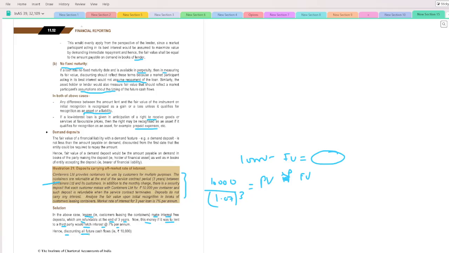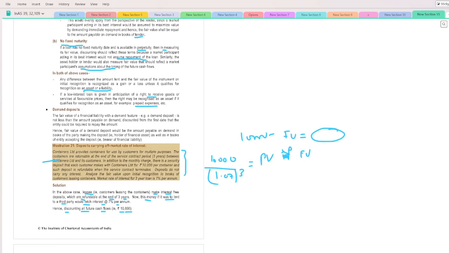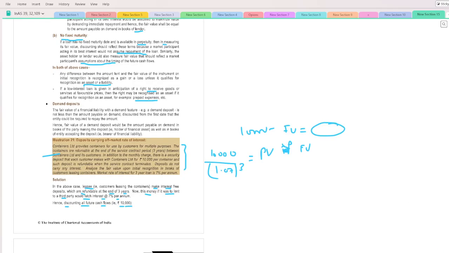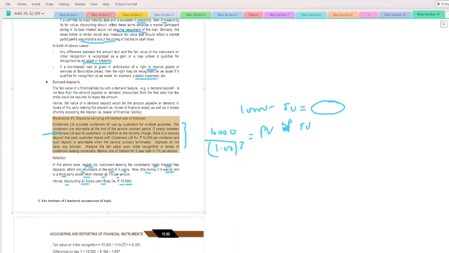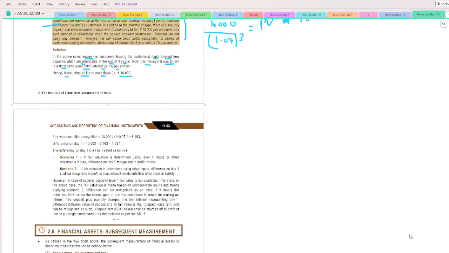Hence, discounting all the future cash flow, that is 10,000, the fair value on initial recognition is 10,000 divided by this factor, which comes to 8,163. So now the difference is 1,837.